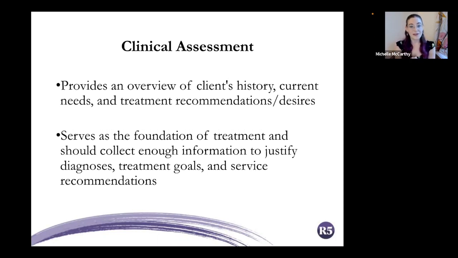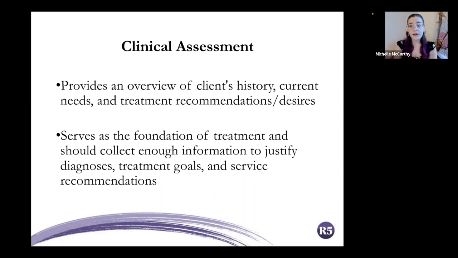So starting with clinical assessments, we're going to get into more detail about assessments first, okay? So the whole goal of the assessment, like I said, is to provide that overview of the client. Now, no one can spend 1 to 2 hours with someone and get to know everything about them.